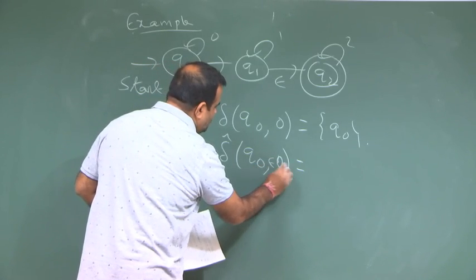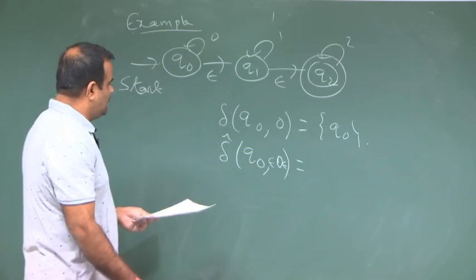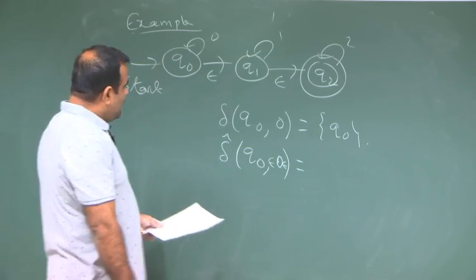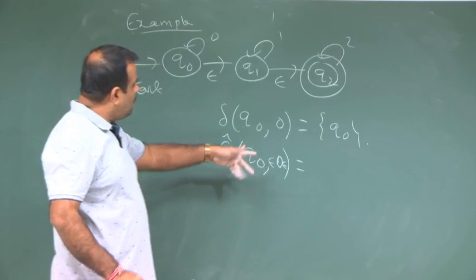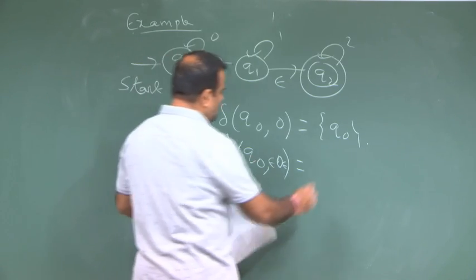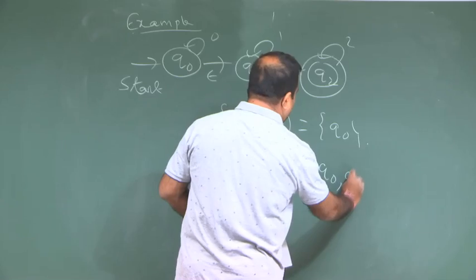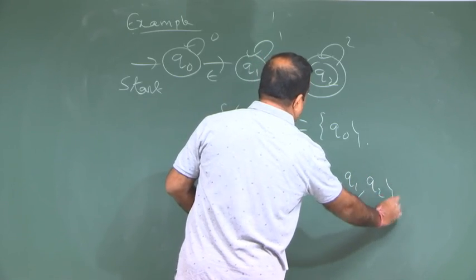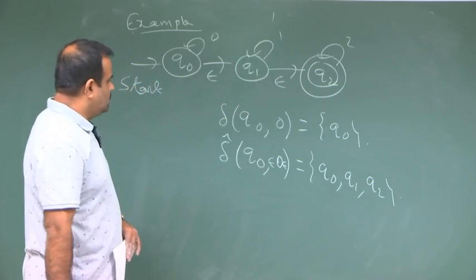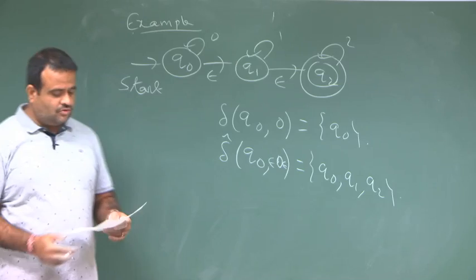So, this 0 means epsilon here we can say. So, this is nothing but the epsilon closure of all possibilities. So, this is basically q0, q1, q2. This is the fundamental difference between these two.